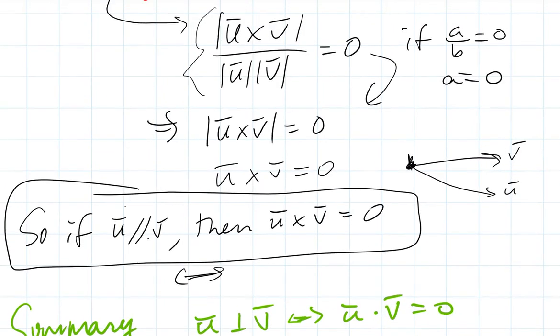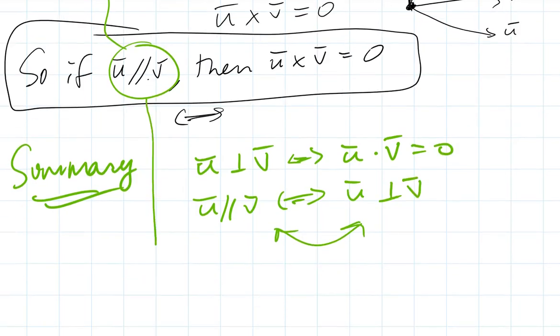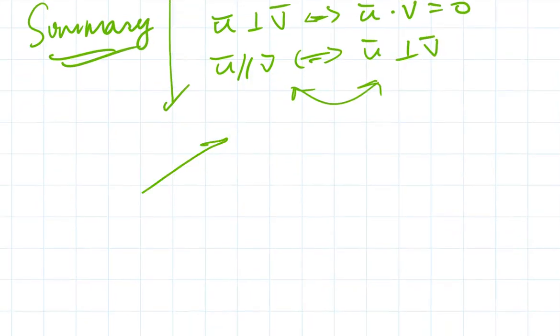So the issue now is, I guess I didn't make it clear. If u is parallel to v, let me go down. If u is parallel to v, then u and v look like this, right? Well, then the angle between them, since you can put u on top of v and v on top of u, let me make v a different color.